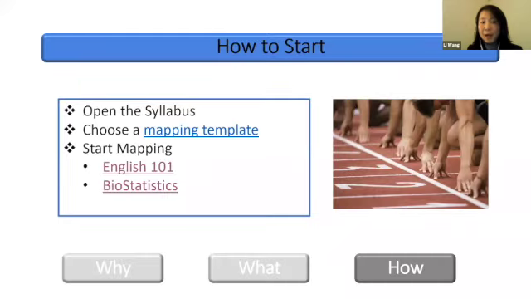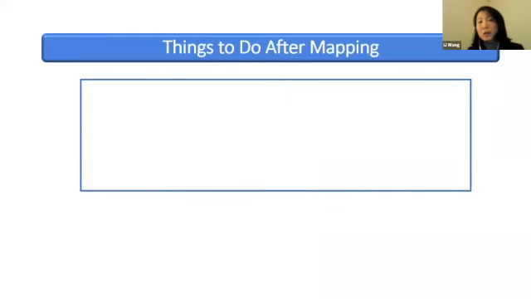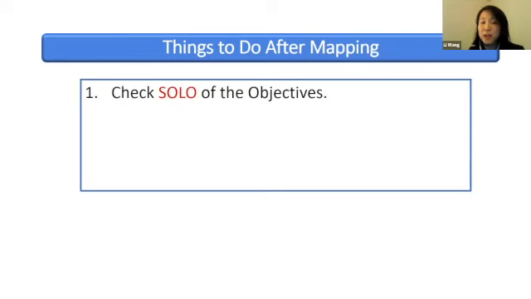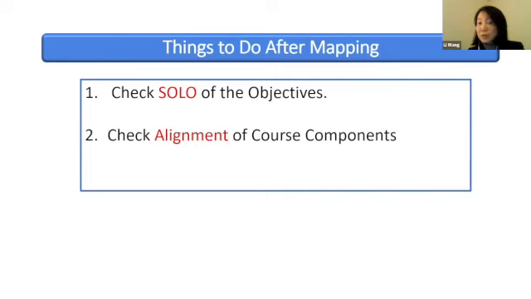Okay, so this is the how part. What are the things to do after the initial mapping, right? The first thing is to check SOLO of the objectives. You might be wondering, what is SOLO? We'll talk about it right after this. The second thing is to check alignment of course components. Like we take care of our cars, we do alignment checks periodically.